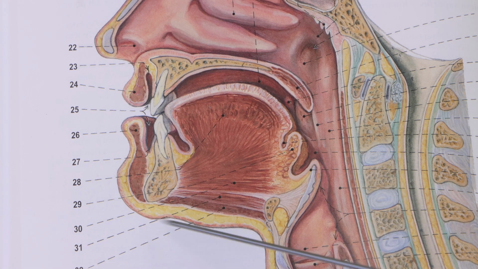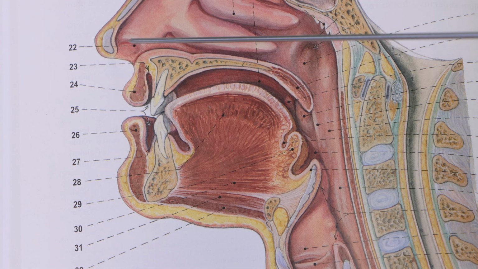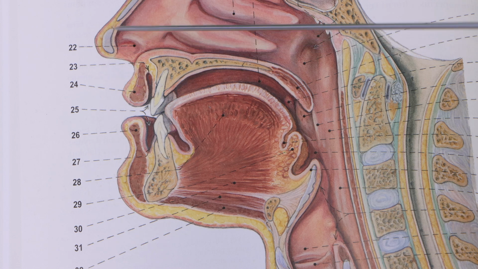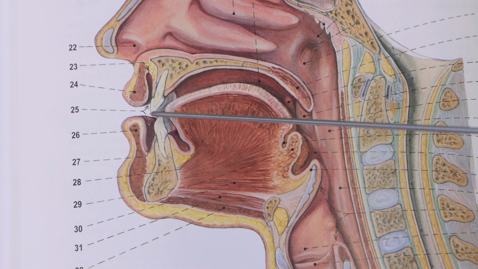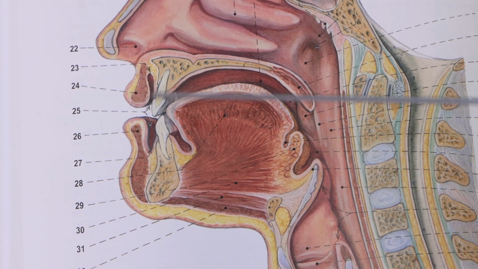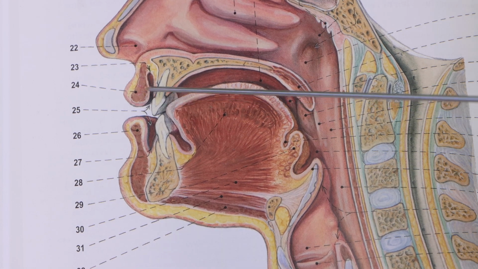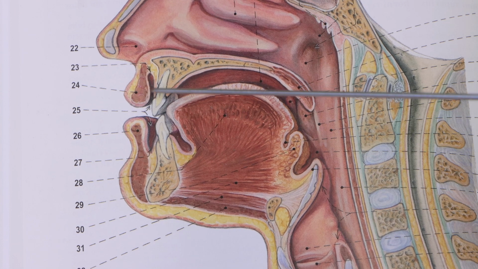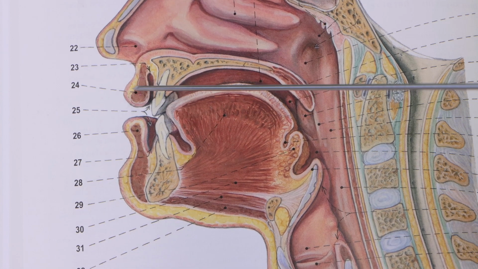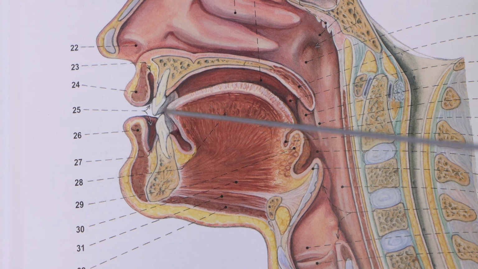Generally, we divide the oral cavity into two parts, like the nasal cavity, which we divide into the nasal vestibule and the nasal cavity proper. The oral cavity is also divided into the oral vestibule and the oral cavity proper. The oral vestibule is this space. Anteriorly it is bordered by the superior lip and inferior lip.